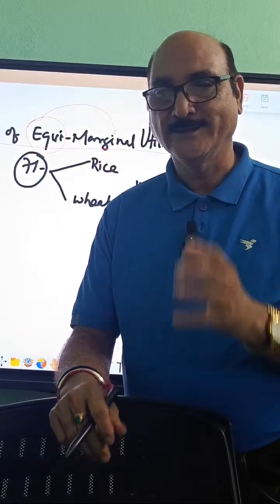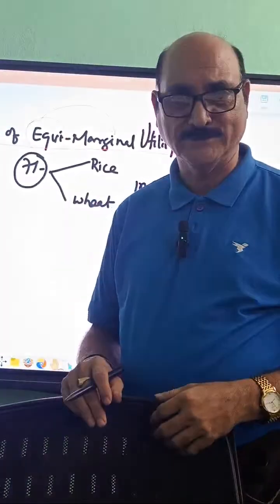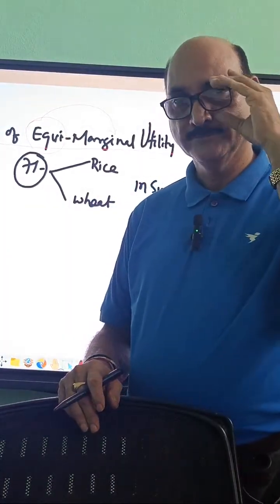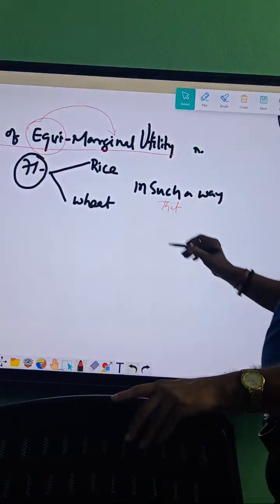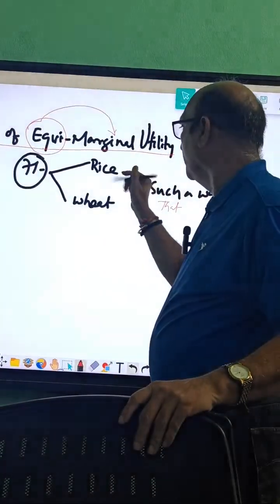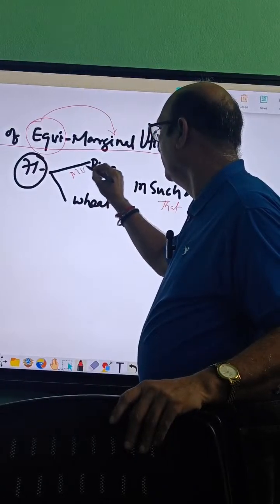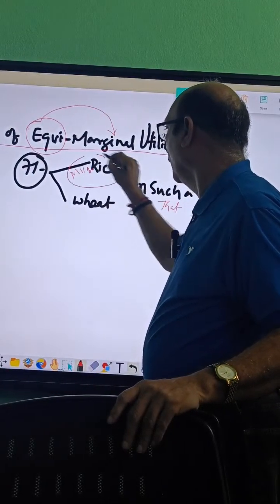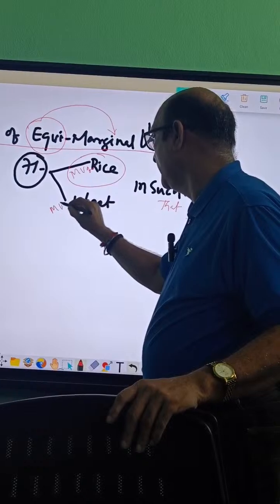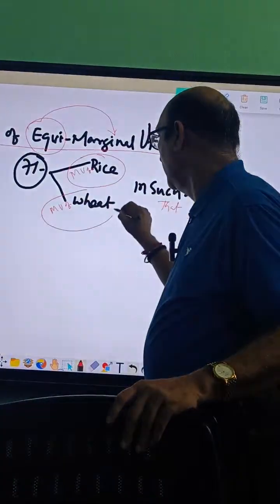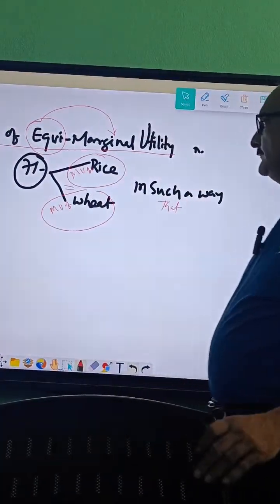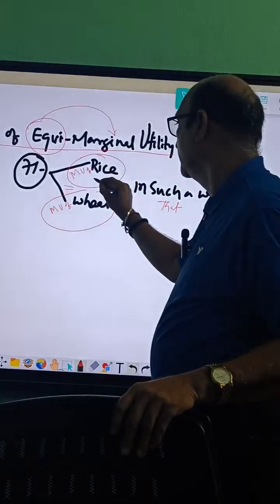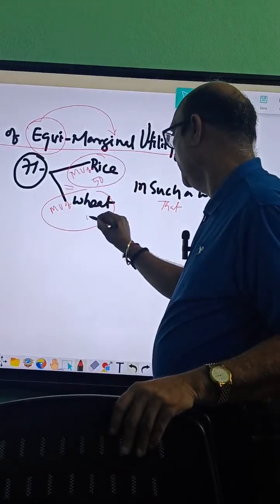He can realize that he has got maximum satisfaction out of his money. So let us suppose, now here we have to bring MU of rice on one hand, MU of wheat on the other. When both of them will be equal, suppose the MU of rice is 50, MU of wheat is 50.